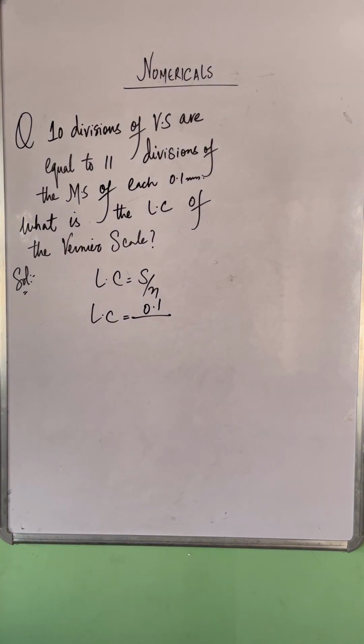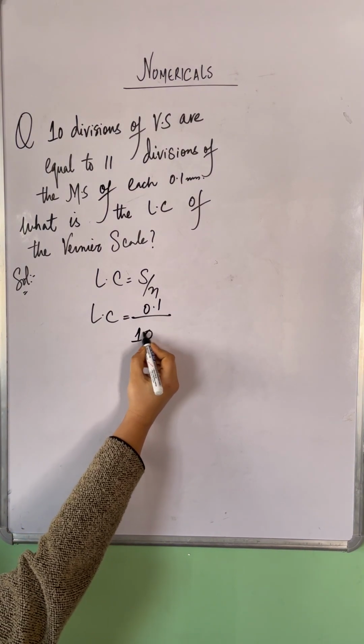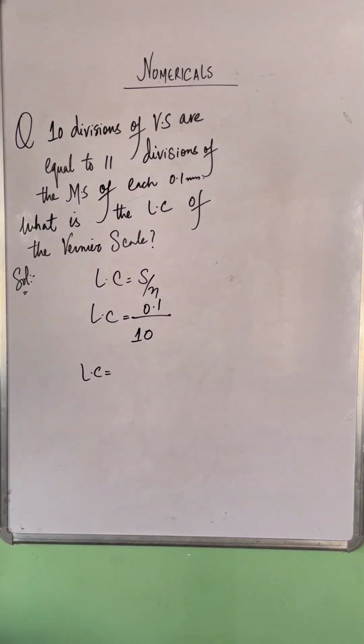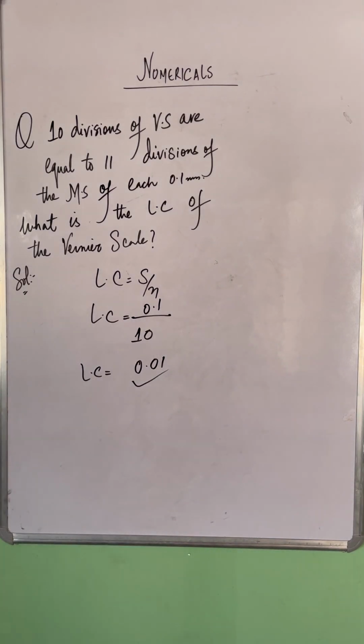What is N? 10. 10 divisions of vernier scale are equal to 11 divisions. So N is 10. And the least count is equal to how much? 0.01. Least count came equal to 0.01.